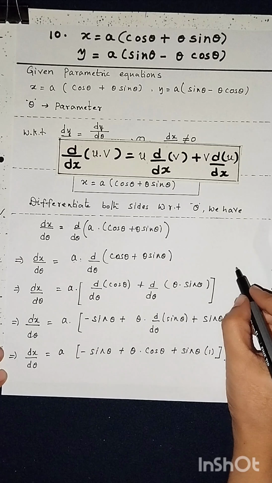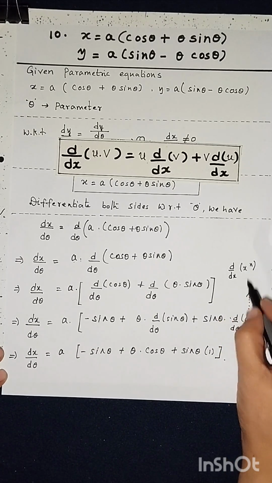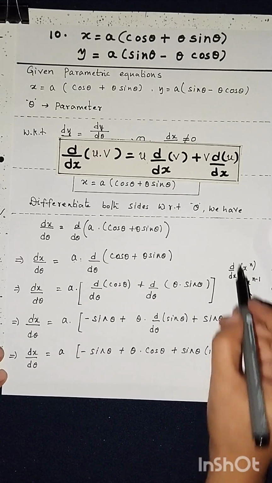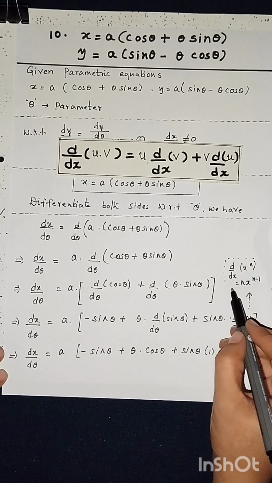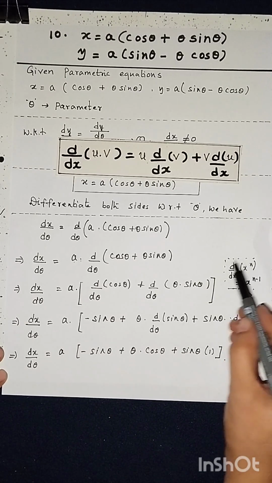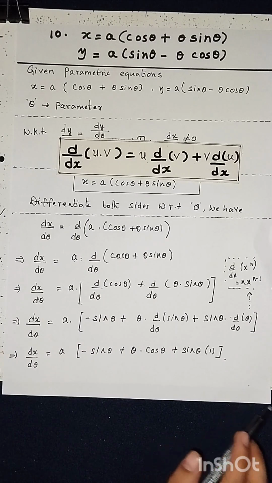By applying the x power n rule, d by dx of x power n, which is n into x power n minus 1. If you apply this here, theta to the power 1, you will get the derivative of theta as 1.